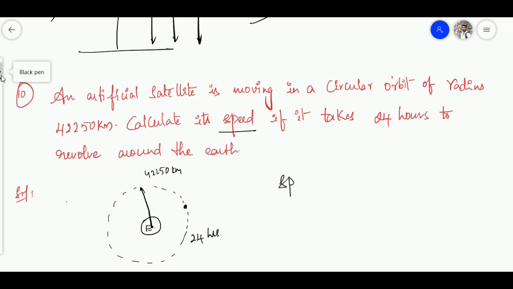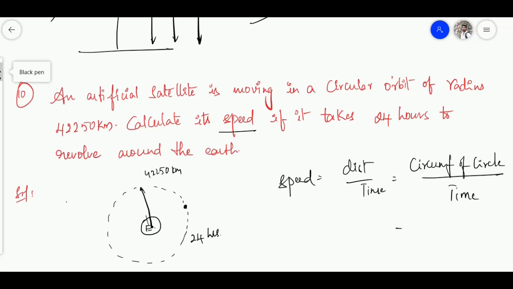So speed equals distance by time. What is the distance? You shouldn't take 42250, because the satellite is not moving in this line path. The satellite is moving in a circular path. So the distance will be the circumference of the circle, obviously, by time.